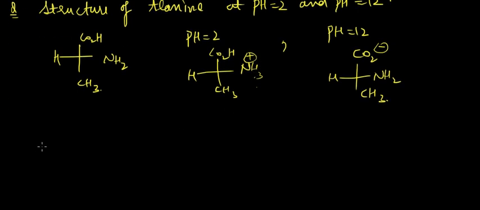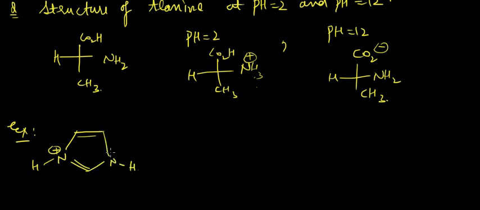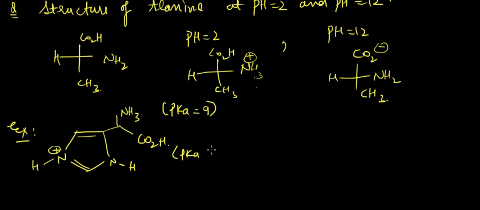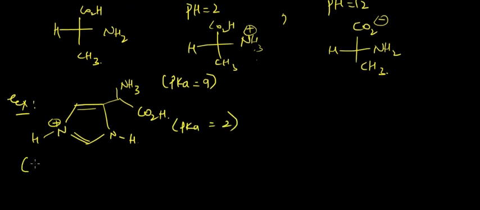Okay, so next let us take an example where we have a compound like this, with an H here and an H here. The pK of this is 9, the pK of this is 2, and these pK values have been given in the question.